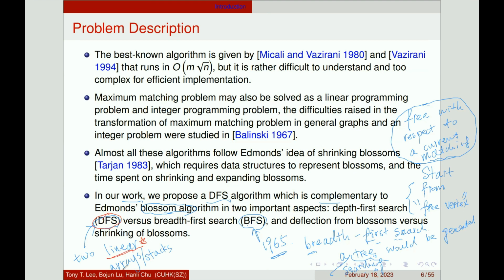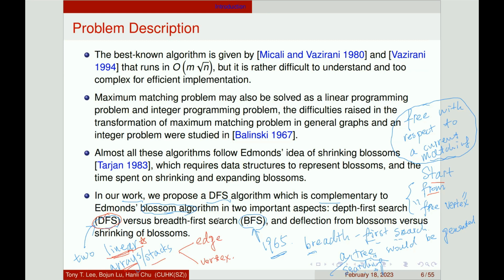Now we mention a little bit here. For the 2 linear arrays, we know in a graph, we have capital V and capital E. So when we start the search, there are always 2 linear arrays: one array is the array of the edges, and the other array, or the other stack, is about the nodes, the vertices. So this is a first introduction.